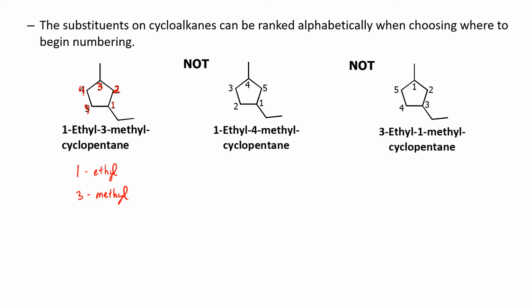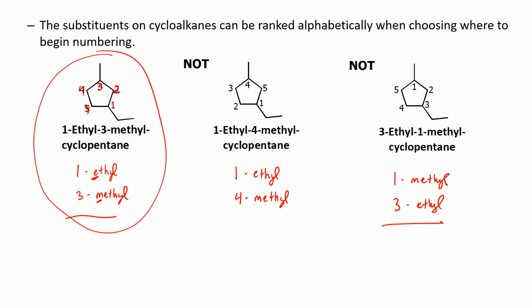The other option would be a 1-ethyl and a 4-methyl. Clearly, that's not the right numbering system. Or I could do a 1-methyl, 3-ethyl. So we have a tie between these two, but for the correct numbering system, again, we'll put the lowest number on the substituent that comes first alphabetically. So E comes before M. That's why this is the correct numbering system when we have a tie.